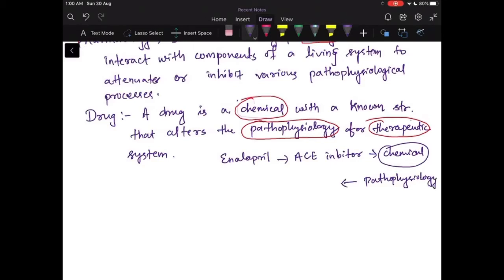We took RAS, renin angiotensinogen aldosterone system. Okay, after that therapeutic system. What is the result of this enalapril drug and its effect over the RAS system? That is decrease in blood pressure.